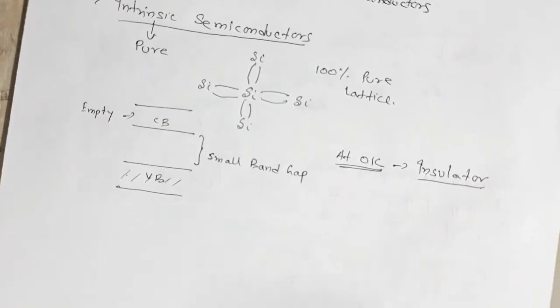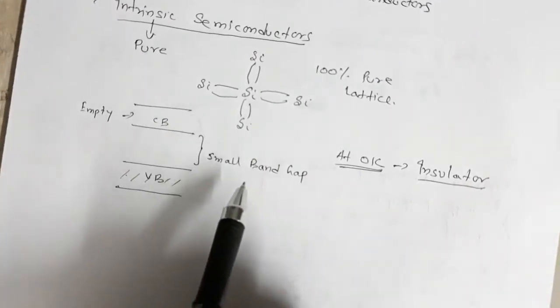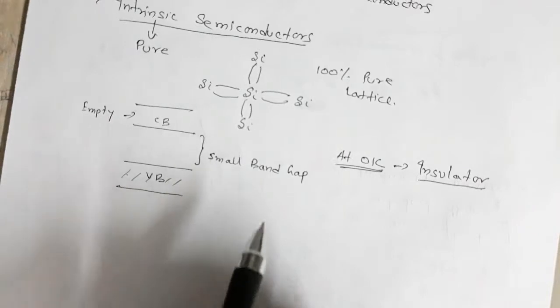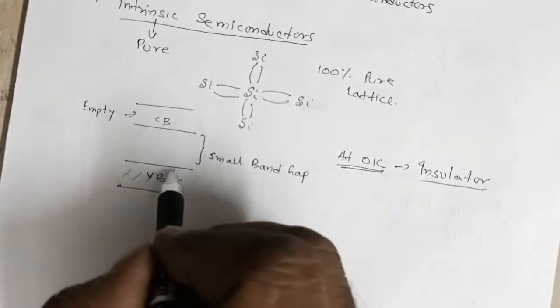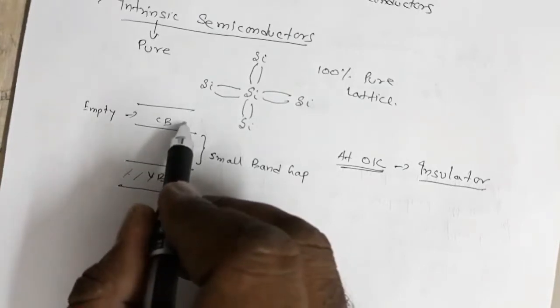Now what happens when the temperature is increased? When the temperature is increased, due to thermal agitation, a few of the electrons will go from the valence band to the conduction band.